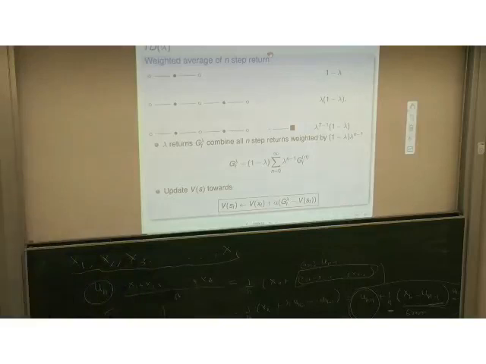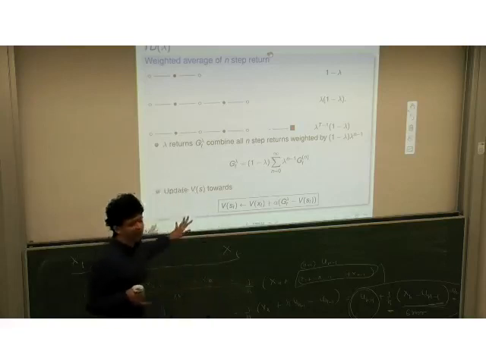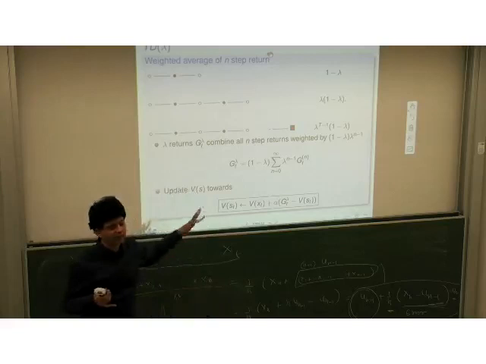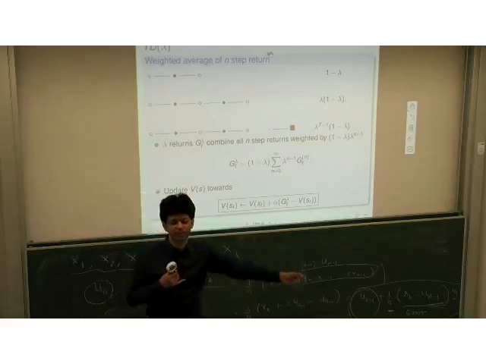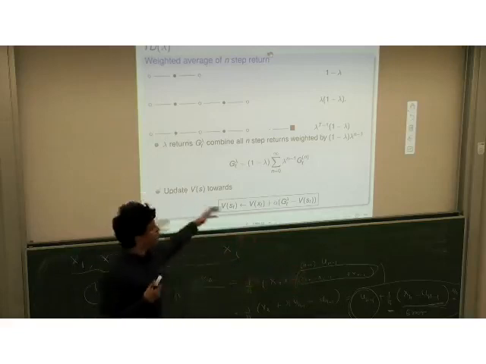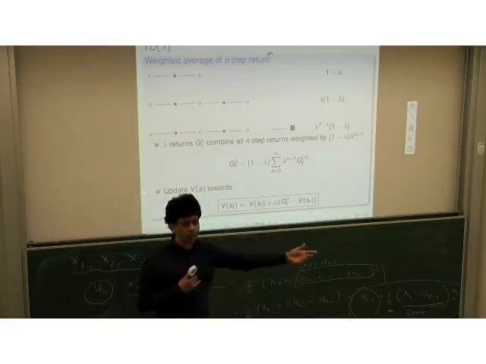So that is the whole point. You just take a weighted average. Now this is either a theoretical algorithm or an algorithm that requires processes that have a terminal state. So you can only do this when you can get to complete episodes.